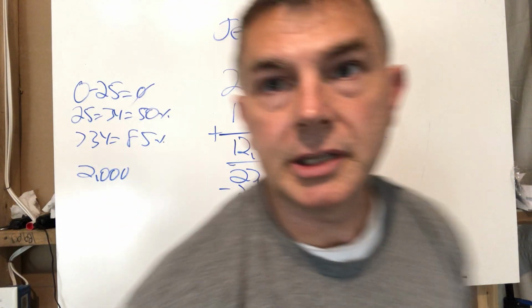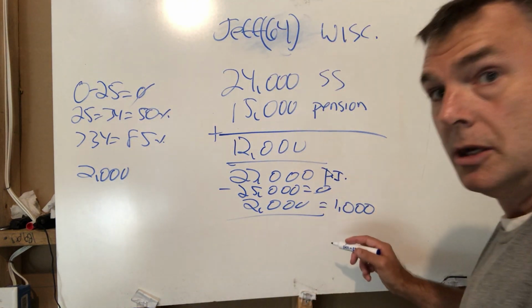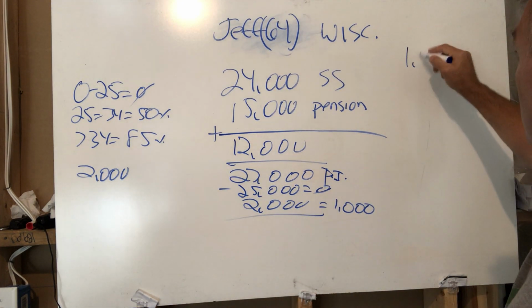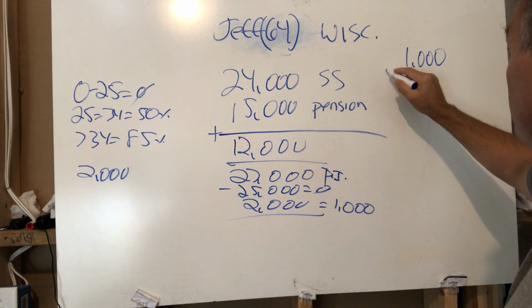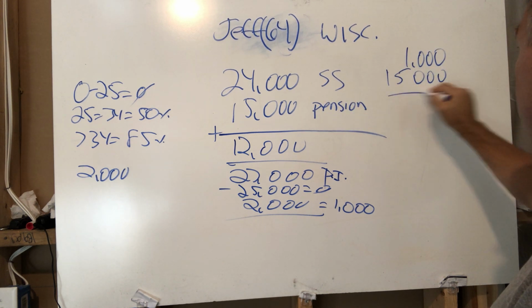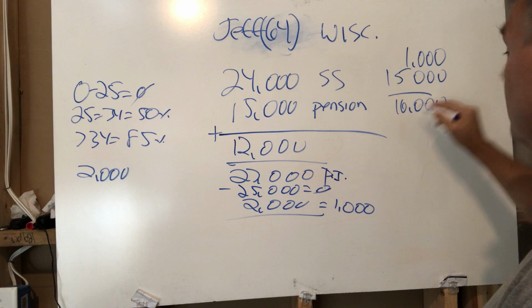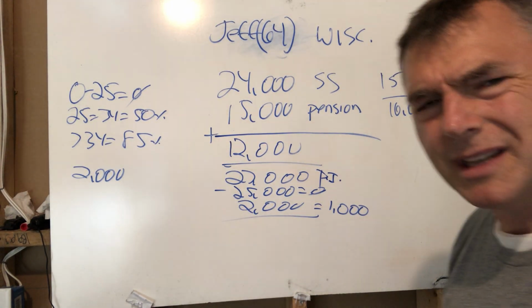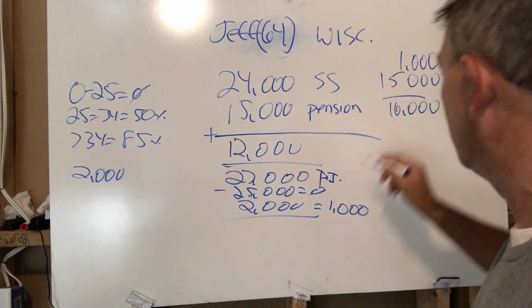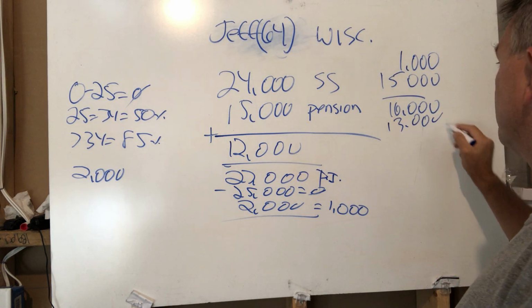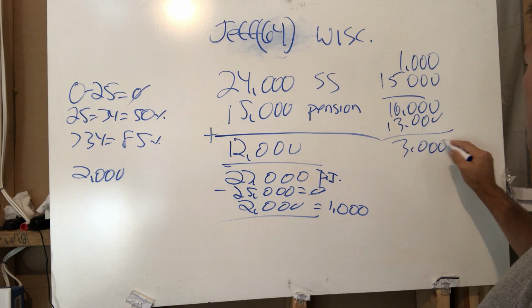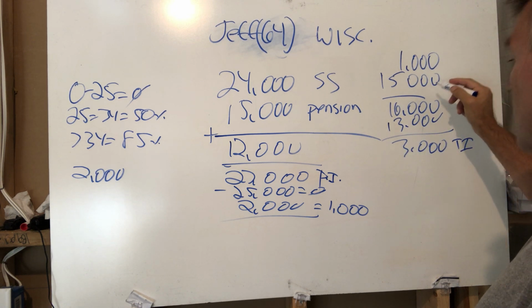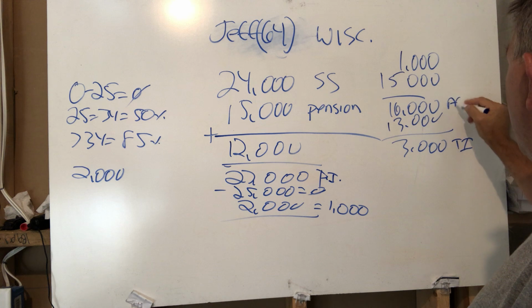We're going to quickly see he's in a very low tax bracket. We've got $1,000 of Social Security plus his $15,000 pension. That's $16,000. We're just going to say he's got a standard deduction of $13,000. It might even be more than that because he's single, but let's just say $13,000 for simplicity. So he has a taxable income of $3,000. This is his AGI.